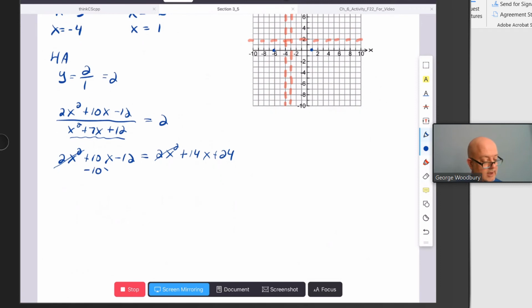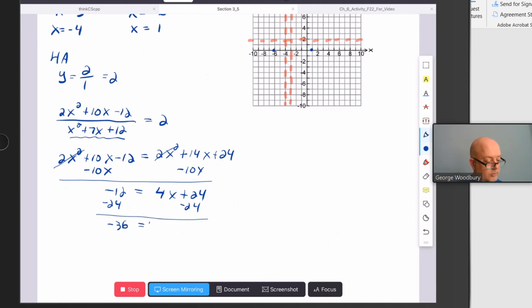Now I can subtract 2x squared from both sides, and I do have an equation that I can solve here. If I subtract 10x from both sides first, I end up with -12 equals 4x plus 24. Subtract over the 24, I have -36 equals 4x. And finally, that gives me -9 equals x. So that tells me that the graph crosses the horizontal asymptote at x equals -9.